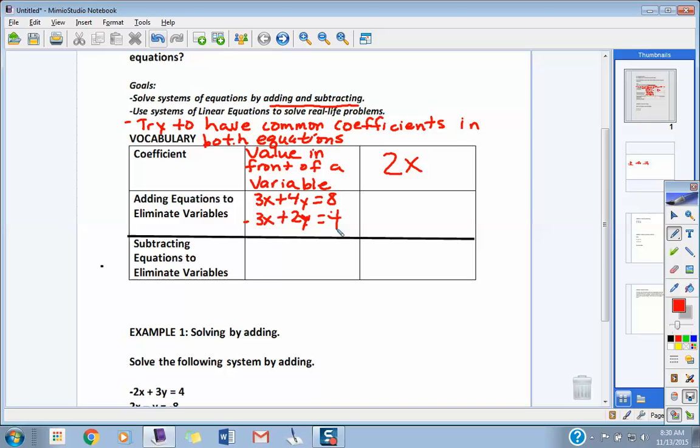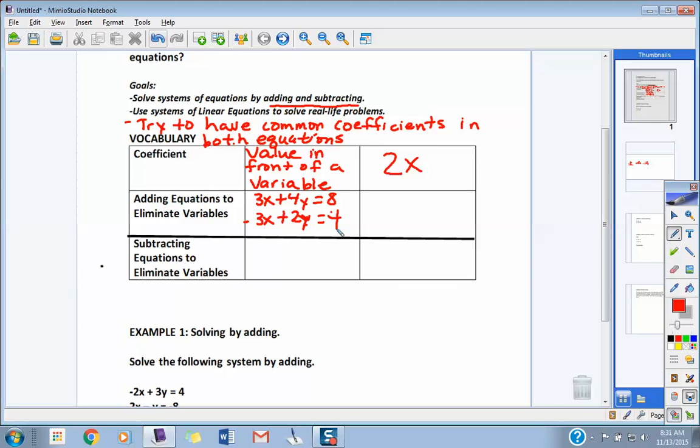Now here's the deal. What's the coefficient for this x in the top equation? 3. What's the coefficient for this x in the bottom? -3. All right, here's what I want you to keep straight today. It's okay if the signs are opposite. So in this case right here, you have a 3x and a -3x. That's good. If you see something with a 3 and a 3 in it, they can be the same sign or they can be different signs today.